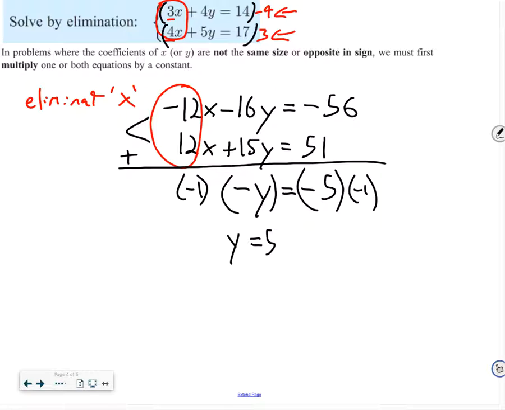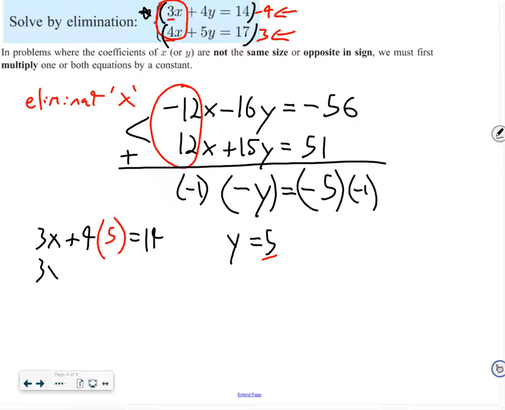Just like we did before, I'm going to plug it back into the original equation. Let's pick the top one. So 3x plus 4, plug in my y. My y is 5, equals 14. So I'm using equation 1 over here. Okay, so now I'm going to solve this for x.